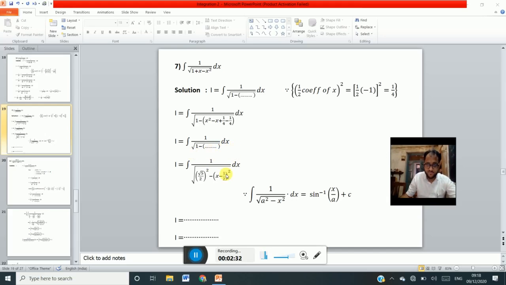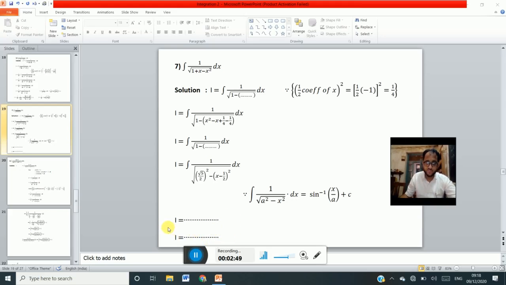Then 1 plus 1 by 4 means ये step आएगी फिर. और यहाँ पे क्या आएगा? Sin inverse x minus 1 by 2 upon root 5 by 2, और finally sin inverse twice x minus 1 upon root 5 plus c दोनों में आना चाहिए.